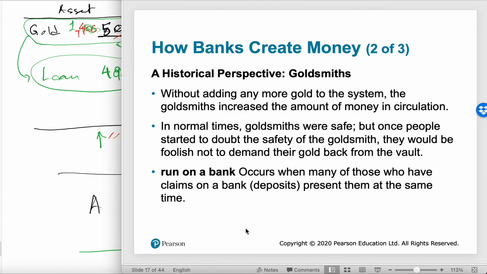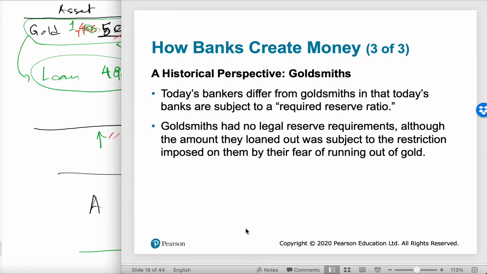So this is a historical story of how money is created. But in order to understand it again, you have to do a little bit of balance sheet understanding, on how the balance sheet creates money out of nothing. So the goldsmiths actually create money out of thin air.